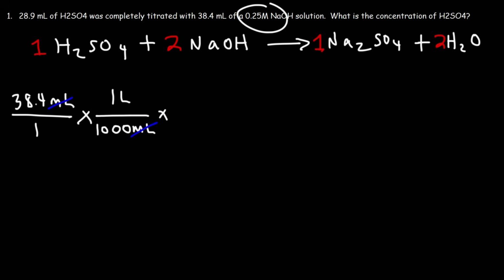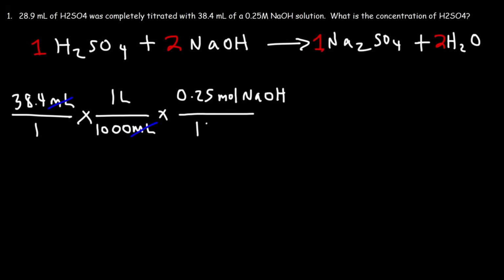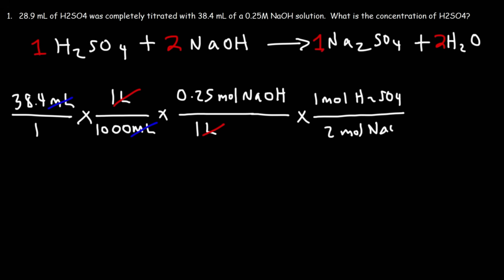A 0.25 molar solution means that we have 0.25 moles of solute, in this case the solute being sodium hydroxide, per 1 liter of solution. So now that we have moles of sodium hydroxide, we can convert that to the moles of H2SO4 using the balanced chemical equation. So the molar ratio is 1:2. For every 1 mole of H2SO4 that reacts, 2 moles of sodium hydroxide will be consumed.